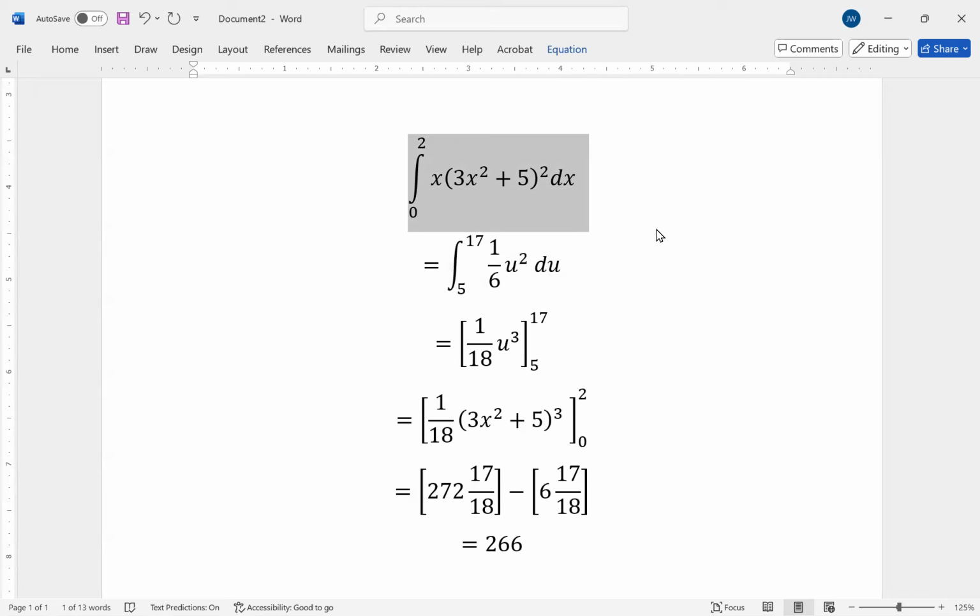So I would integrate from 0 to 2, I'd plug in x, and then I would plug in 3x squared plus 5 in parentheses raised to the second power, and then integrate that with respect to x. I could have skipped all of the substitution stuff and just plugged this into my calculator and come up with 266.